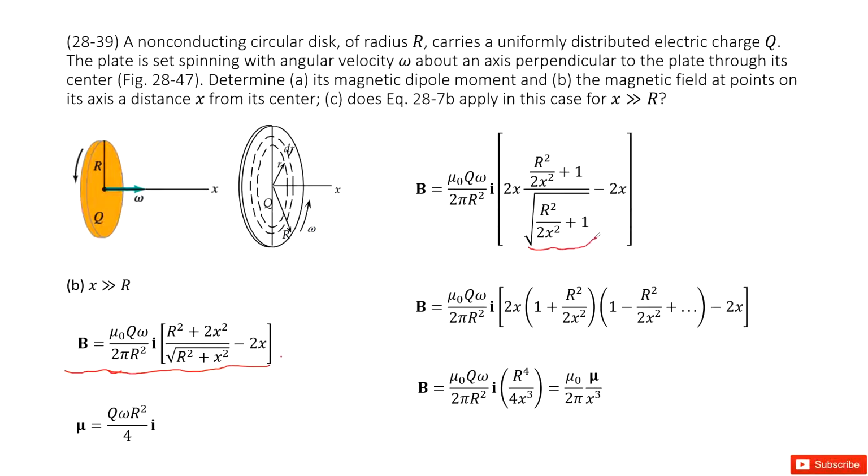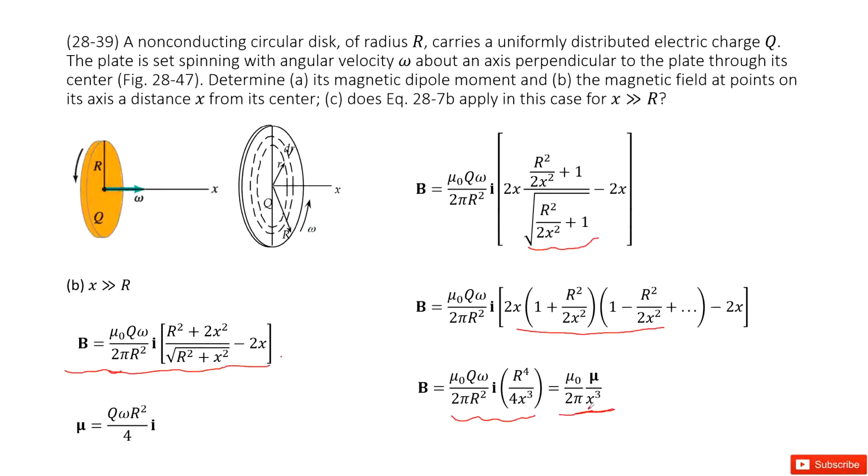Do you agree? Just for this term. And for this term, you can do a Taylor expansion, like this, right? Then we just keep the first term and ignore the higher terms, right? And then we find the first term looks like this. Simplify it, you get the answer there.